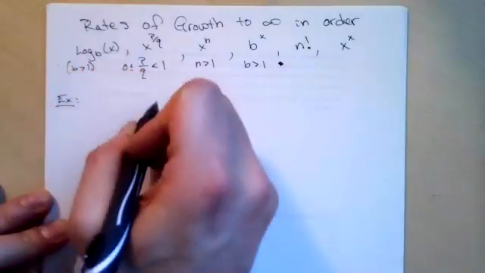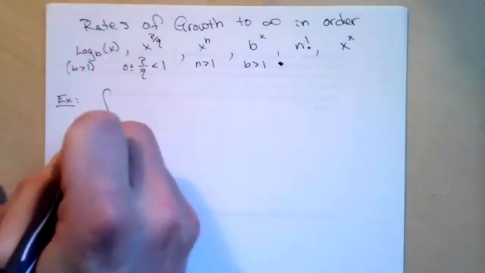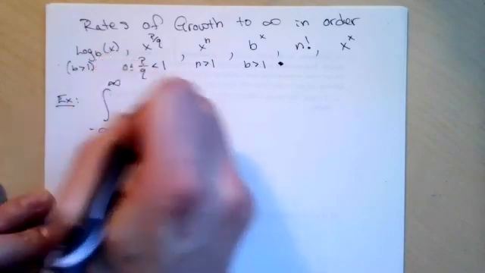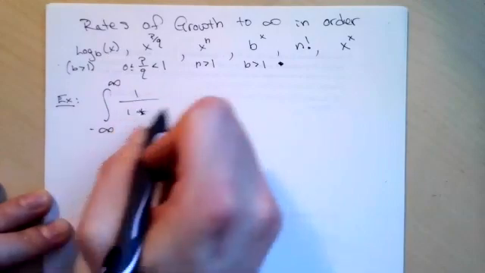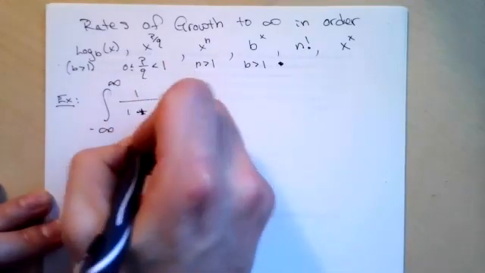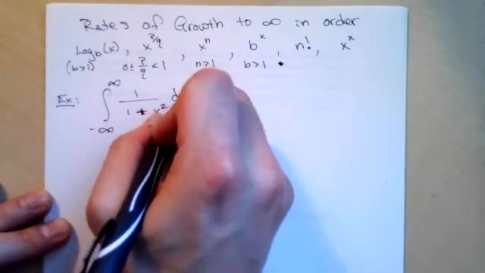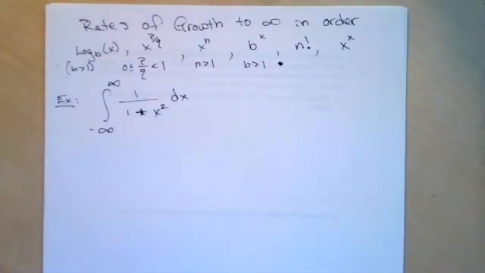Other things we might see are things like the integral from minus infinity to infinity of 1 over x plus 1 over 1 plus x squared. So you guys should recognize this. This is just going to be a quick example. Why should this be finite? Let's start talking about this.